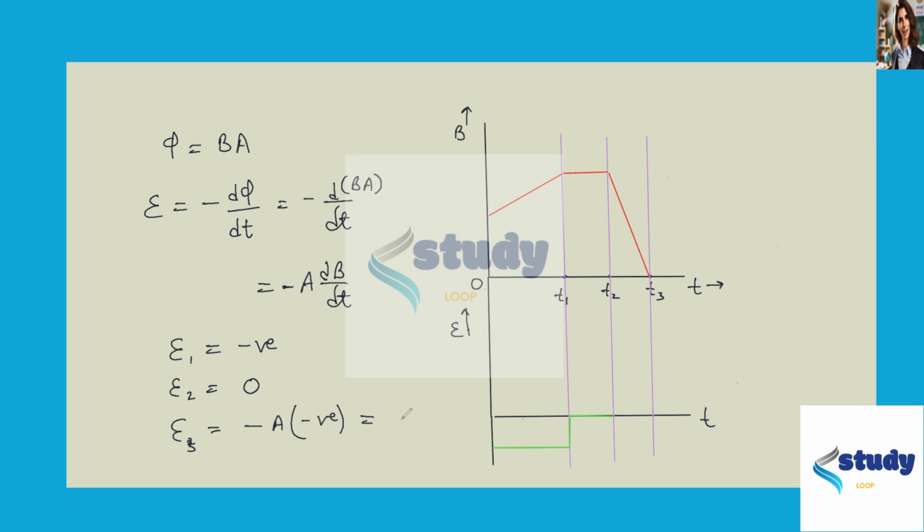So overall EMF induced will be positive, and as the slope is having a larger value as compared with the first slope, the value of EMF induced will be more than that of the value E1. So now the EMF induced will be represented like a bigger pulse, like this.